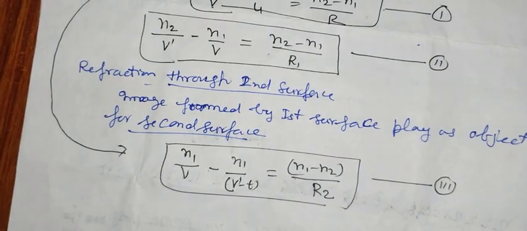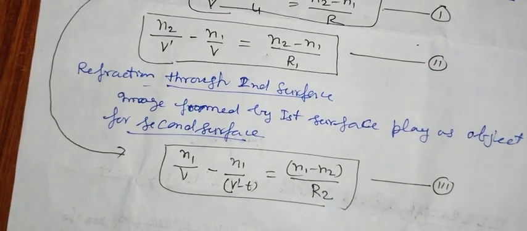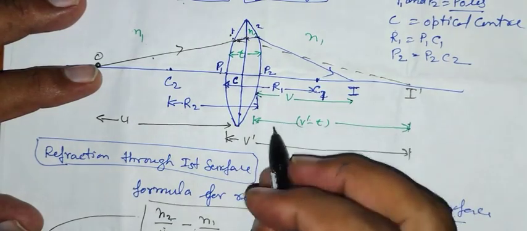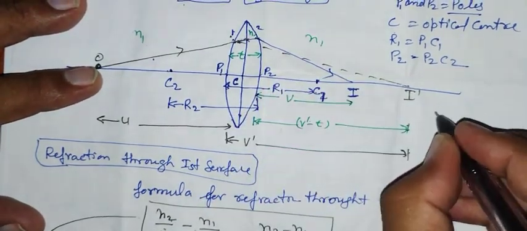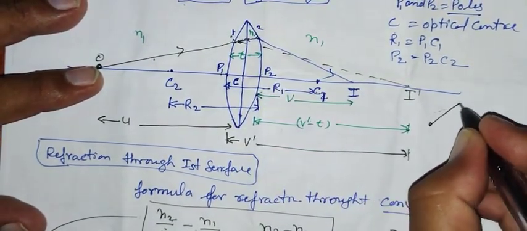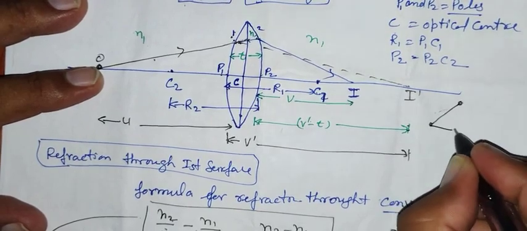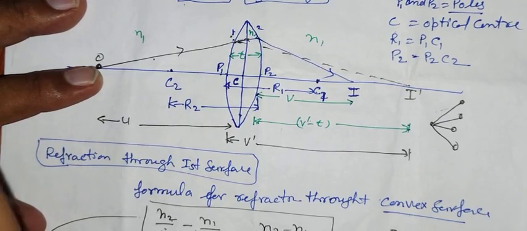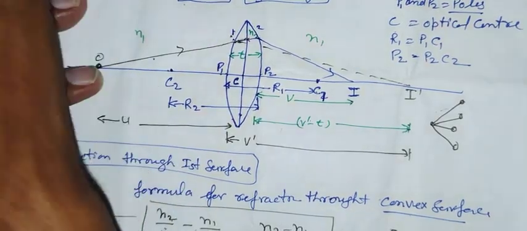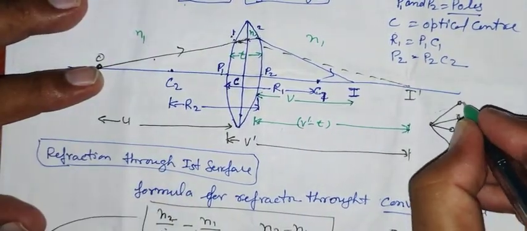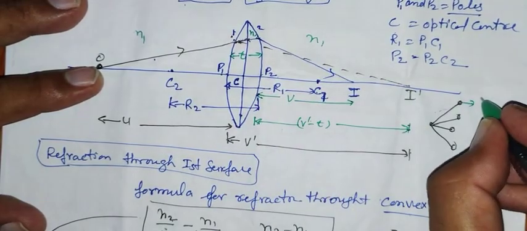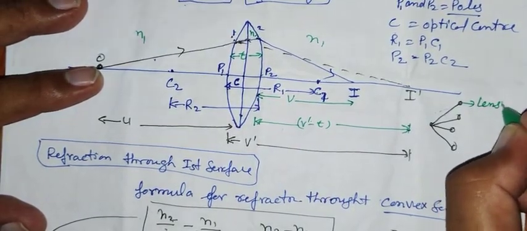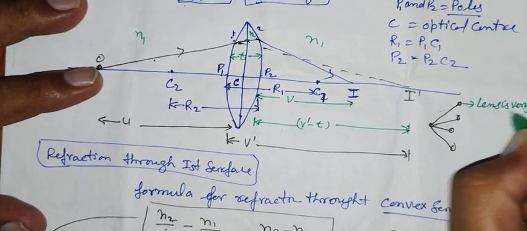Some approximation is taken in this calculation, and this approximation can be understood here. We have taken 4 approximations, and from time to time we will discuss all these 4 approximations. The first approximation is that the lens is very thin.